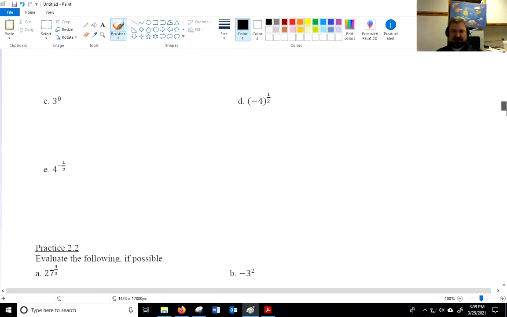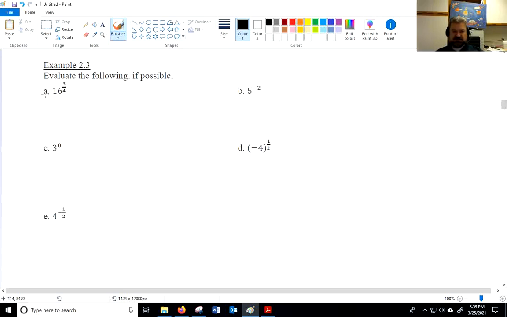All right, let's practice evaluating some simple expressions again. 16 to the 3/4. I'll take the fourth root of 16, which is 2, and cube it. Remember to do the root first. And 2 cubed is 8. 5 to the negative 2 is 1 over 5 squared, which is 1 over 25. 3 to the 0 is 1.